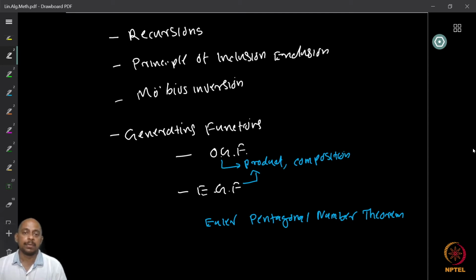After this, we went to the powerful method of generating functions, right? So generating functions are basically representations or encodings of, let's say, finite or infinite sequences, counting sequences, basically for our purpose of counting. But it could be more than one.